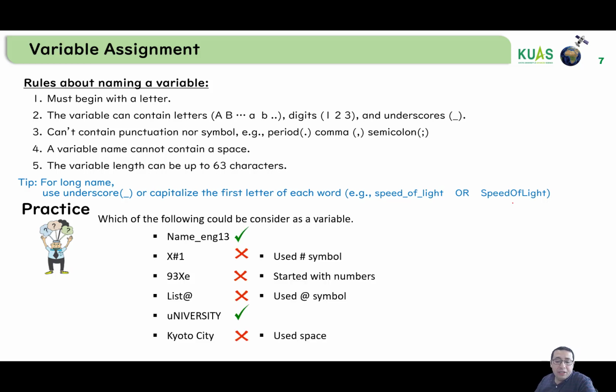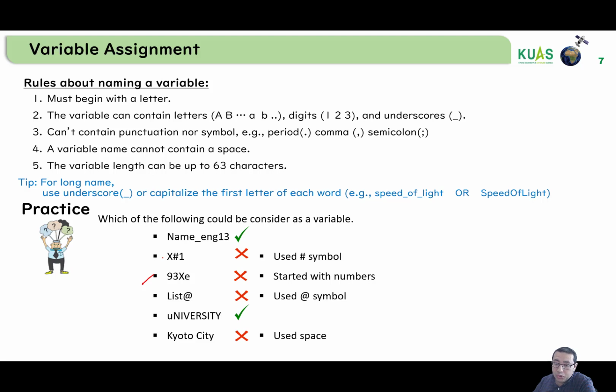The answer will be, the first one is okay because it started with a letter and the name was in 36, and we didn't use any punctuation or symbol, and we use a mix between the underscore, numbers and letters. This is okay. The second one here, no, because we use the hashtag. This one, we can't use because it started with a number.